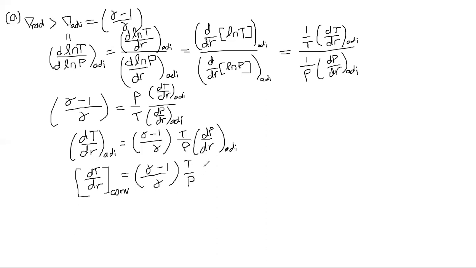There's further justification for this in the textbook, but just to make sure my equation looks the same as theirs, we can drop the adiabatic subscript on the pressure gradient, because the pressure gradient doesn't care about whether it's in a radiative or a convective dominated region. So those are indistinguishable from one another, and I can just drop the index.